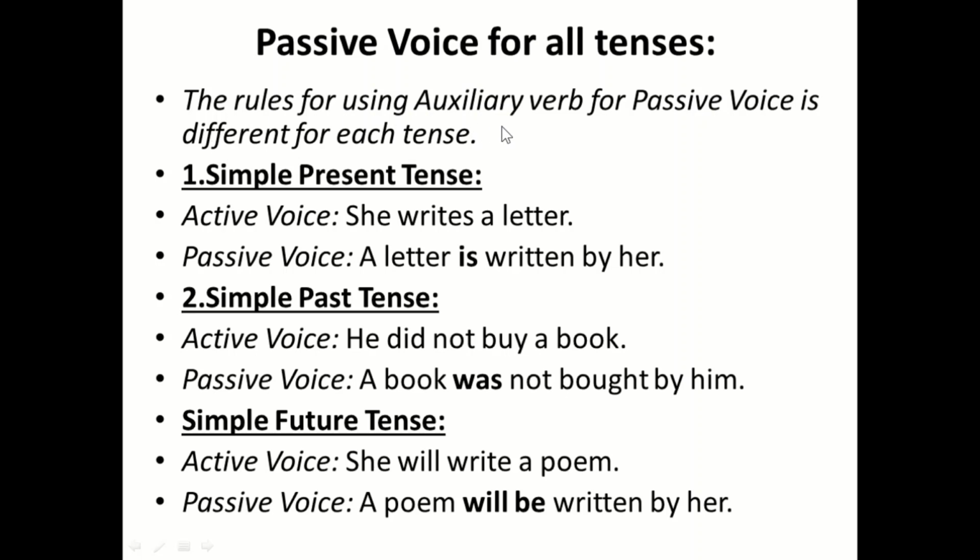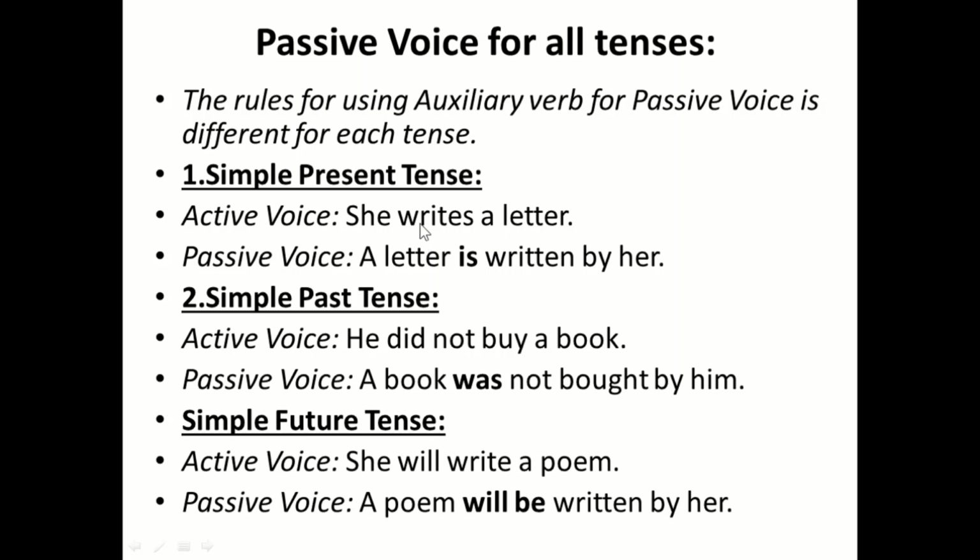The rules for the auxiliary verb for passive voice are different for each tense. Number 1, simple present tense. Now active voice, she writes a letter. As you can see here, this sentence is in a simple form and shows a habitual action. She writes a letter.